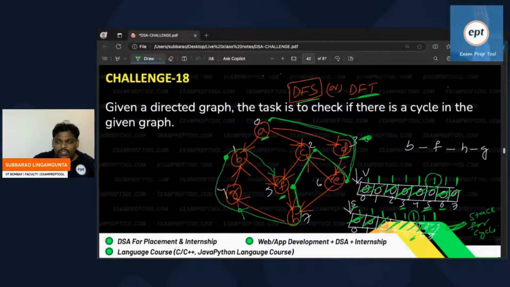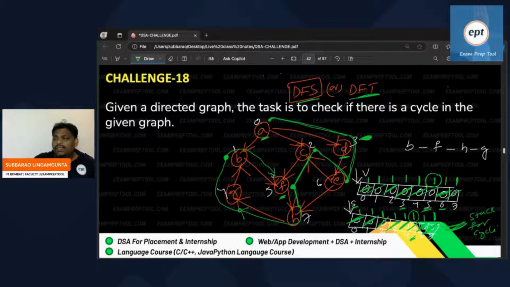See this one. Some people are saying, sir, already visited means cycle, no? See this one. This person is somewhere else. If you visit the same person again, there is no cycle. I'm repeating once again. Not only visiting the same person again, he should be there in the stack also. Then only cycle.